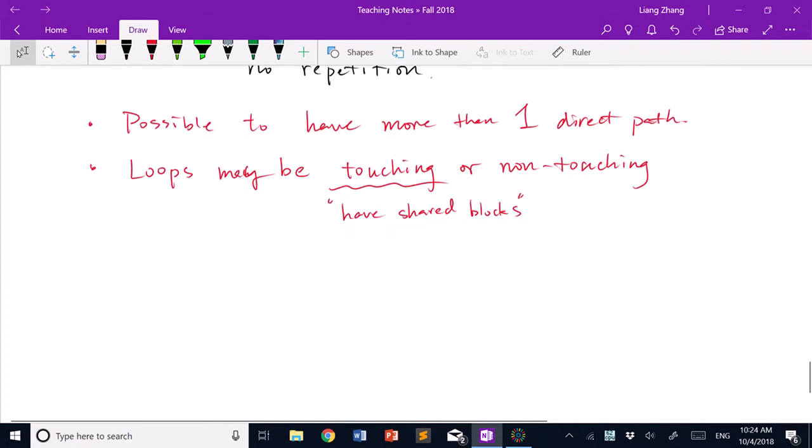In the general form of Mason's formula, we have to distinguish multiple direct paths and touching or non-touching loops. So in general, Mason's rule says that if you have the structure, then the transfer function from the input to the eventual output is calculated like this.